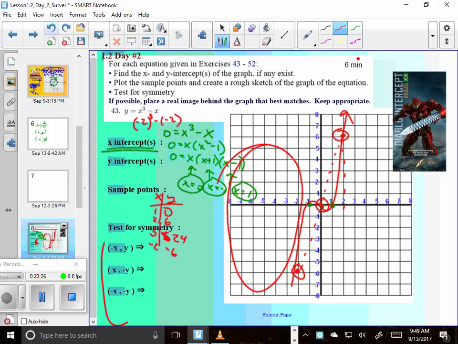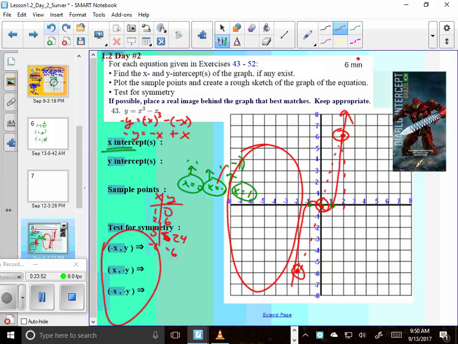Now, let's say I needed a better proof than that. Which of these 3 is the one for origin symmetry? The bottom one. So if I stuck in negative x and negative y into the original equation, I stick in a negative y and I stick in a negative x, and I multiply it all the way out, it better look like the original. Negative y is negative x cubed plus x.